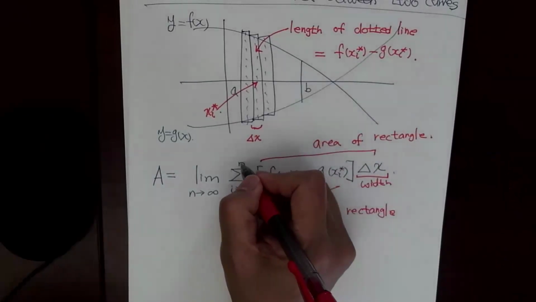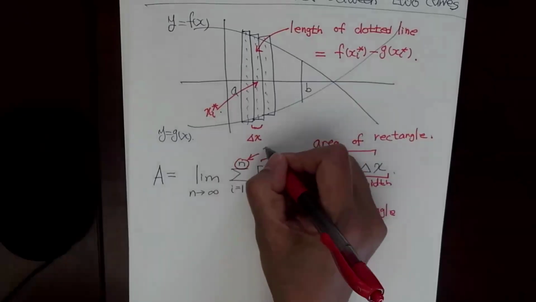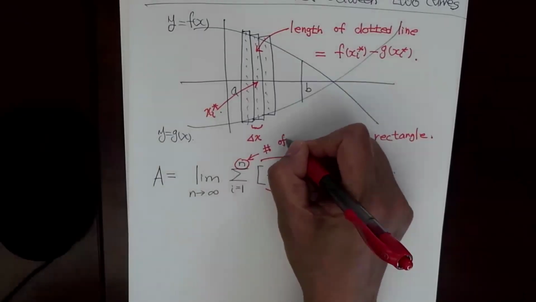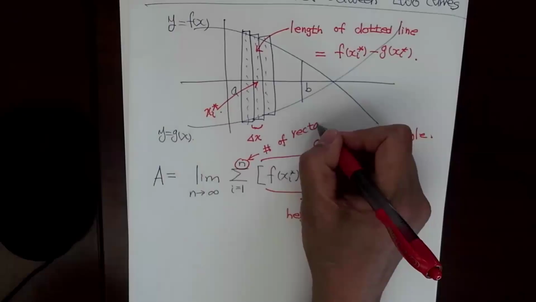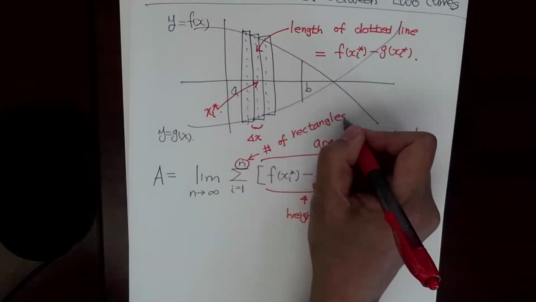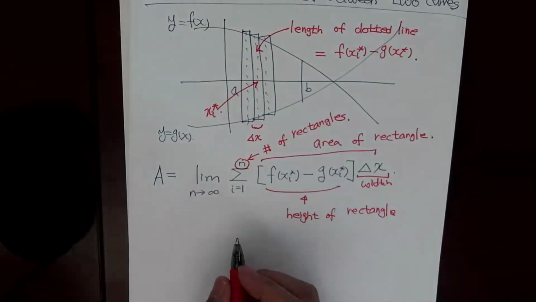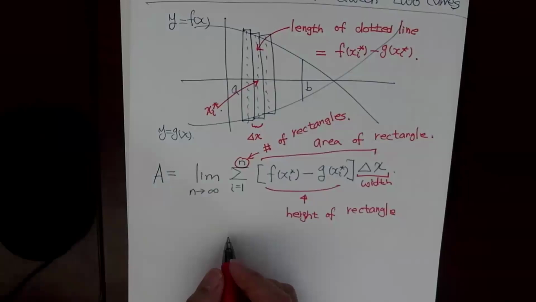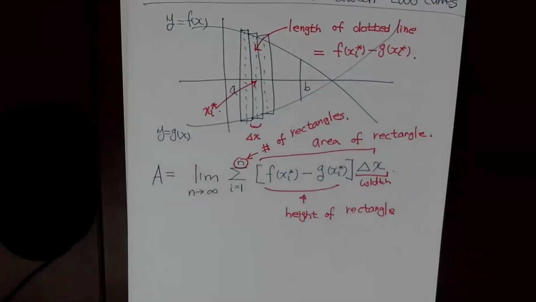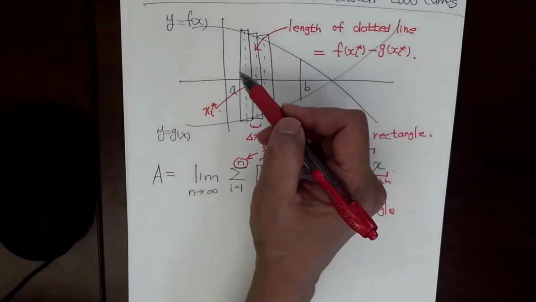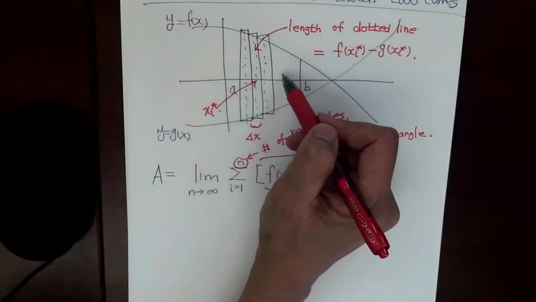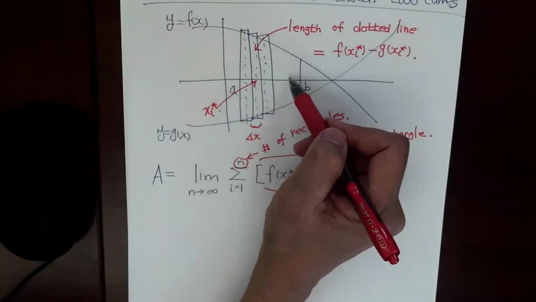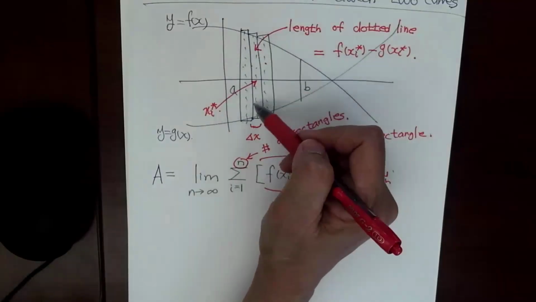And then what is n? N is the number of rectangles. So we want to increase the number of rectangles forever to make the added area of the rectangles close to the area between the curves.